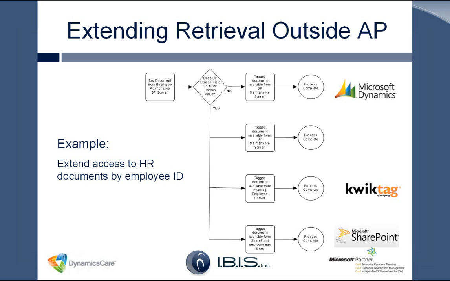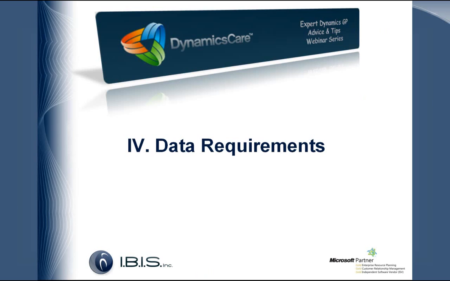So the fourth and final part of workflow design is looking at your data requirements. When we talk about data requirements, this also bleeds over a little bit into reporting as well. Because imagine all of that information that's captured up front, when we talked about front-end capture versus back-end. Now it's become completely visible.